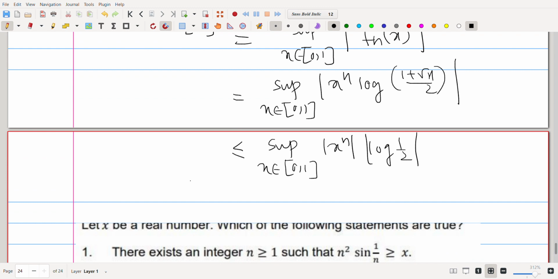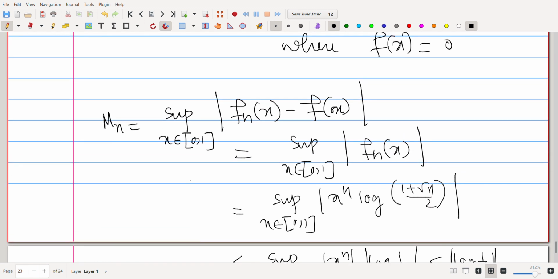The supremum of x to the power n is 1, so we get less than or equal to the absolute value of log half. So we can't conclude from this about M_n. Then how do we do this?